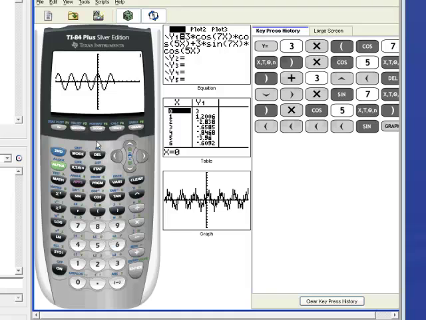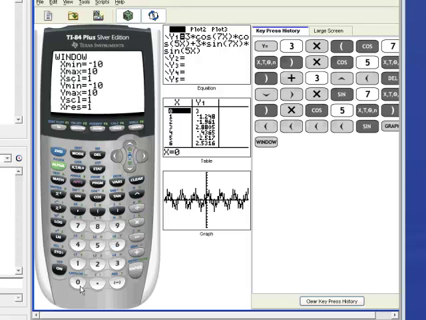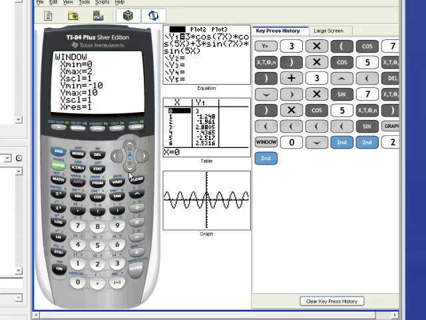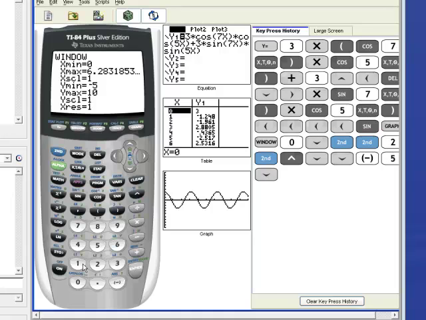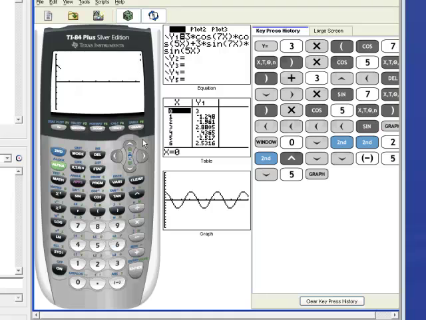It takes a long time to graph because there's so much information in the equation. So from 0 to 2 pi, and then maybe our y is going to be negative 5 to 5. Unfortunately, it's going to take just as much time. So we just wait for that.